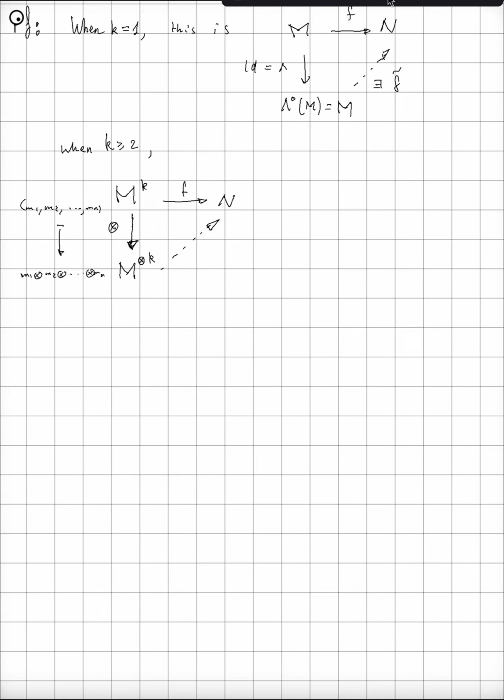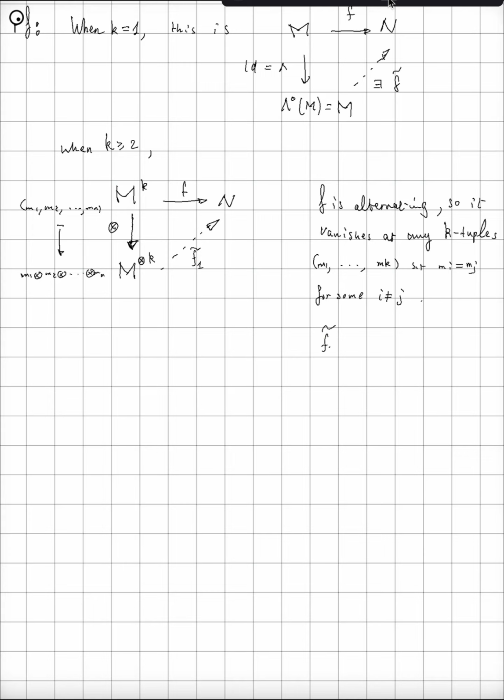So f is alternating, and so it vanishes at any k-tuples such that mi equals mj for some i different from j, by the same condition as how we quotient the module. Let's call the induced linear map f tilde 1.